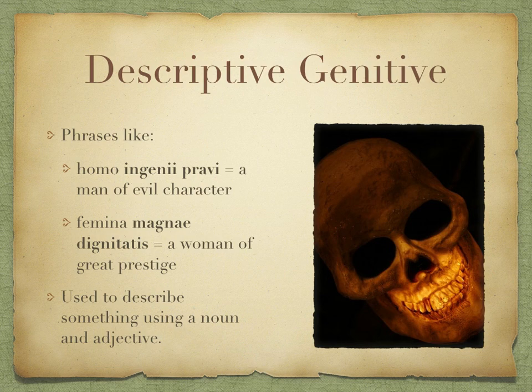So in the first example, ingenii is the noun character, pravi is the adjective evil. And so those two combined in the genitive case are used to add further description to the man. So it's more than just describing him as an evil man or a prestigious woman.